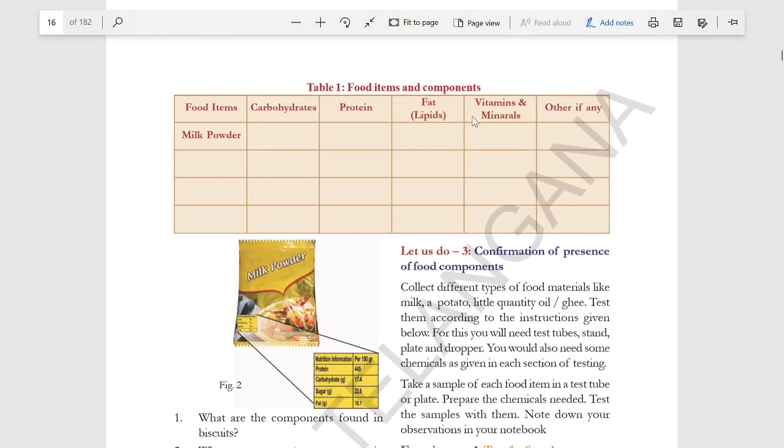Now let's see what vitamins are. Minerals are inorganic, but vitamins are organic components in food that are needed in very small amounts for growth and for maintaining good health. There are different types of vitamins.